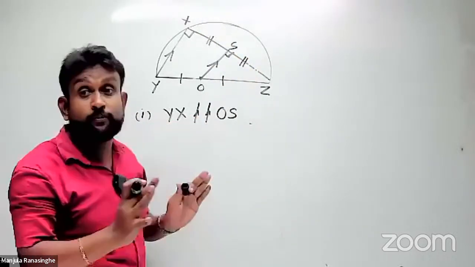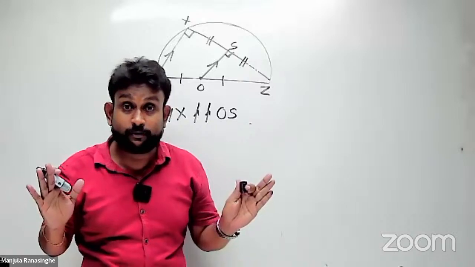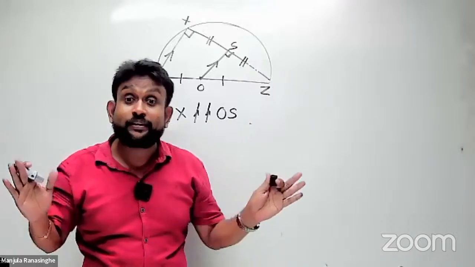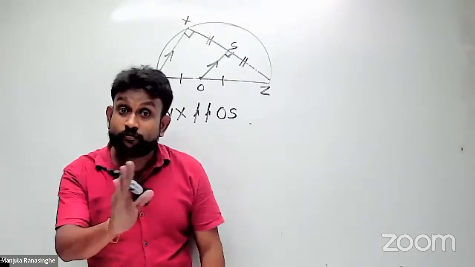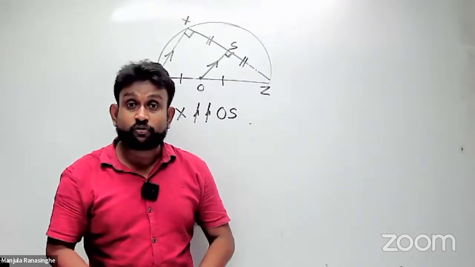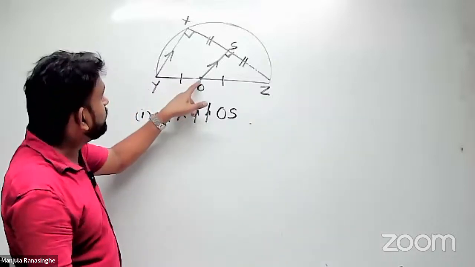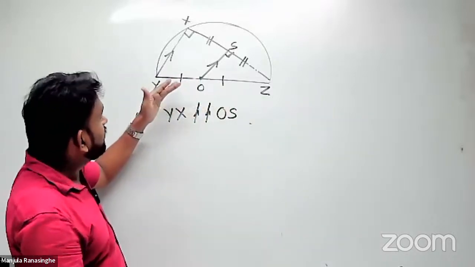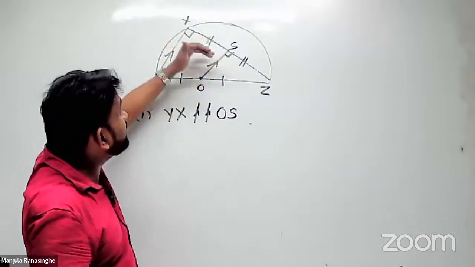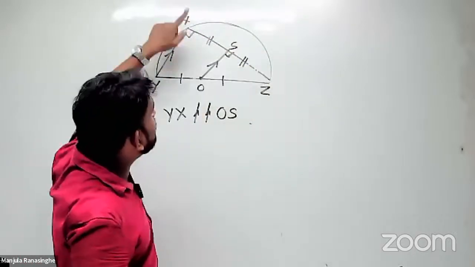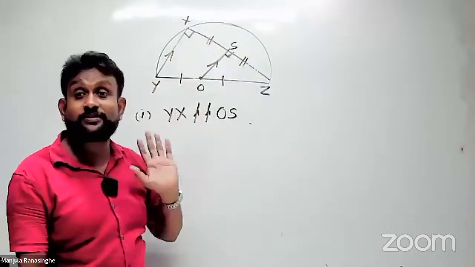What is the exact reason? The converse of the midpoint theorem, not the midpoint theorem. The converse says: from the midpoint of a side, a line is drawn parallel to the other side, then the remaining side is bisected.